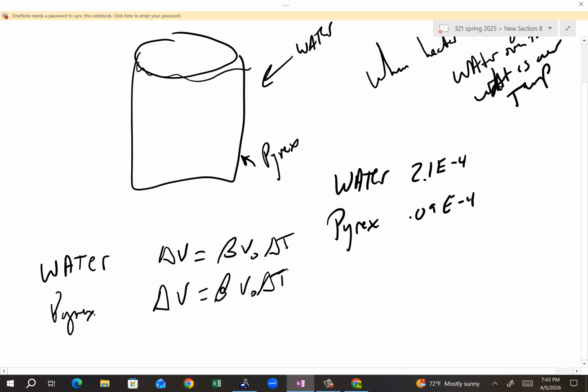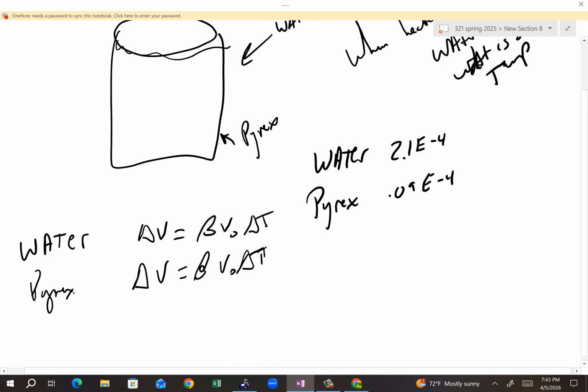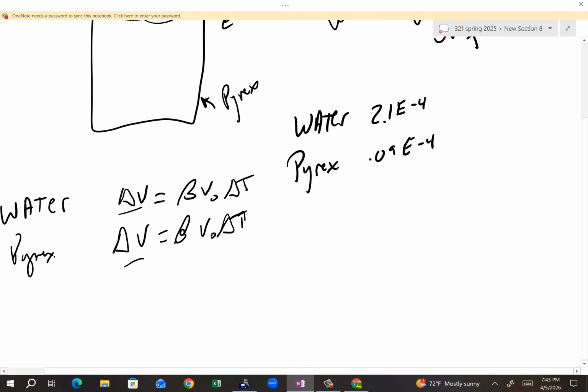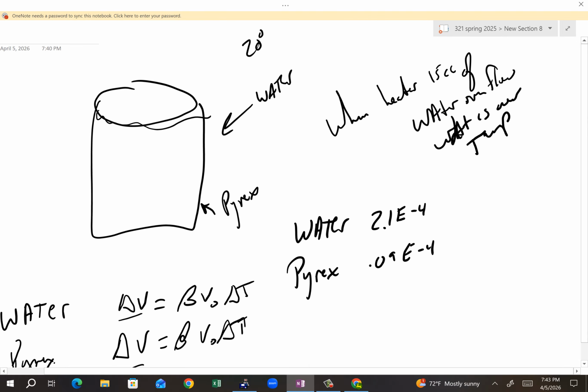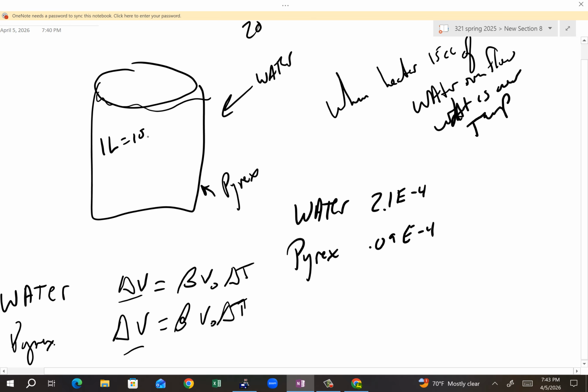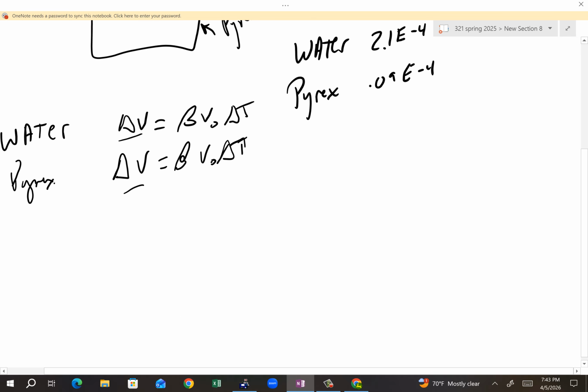And what do I know? Well, I know that when I subtract these volumes, this volume minus this volume is, what did I say? 15 cc's. Now let's recall 1 liter is equal to 1,000 cc's. So what I know is this is for water and this is Pyrex.